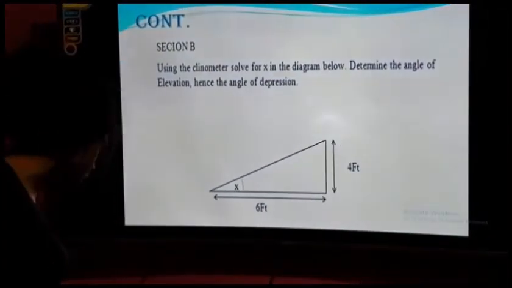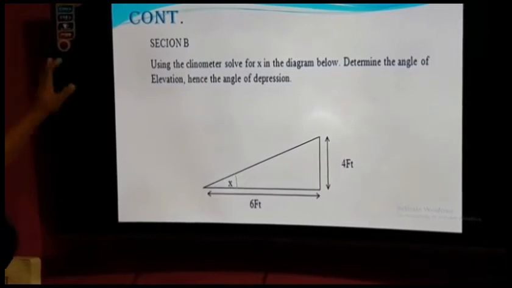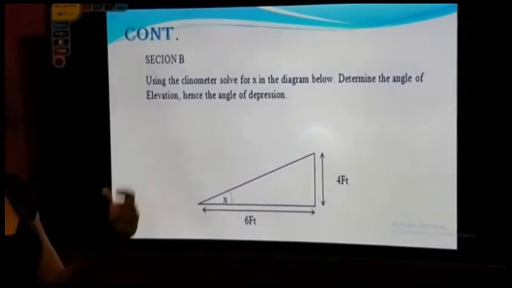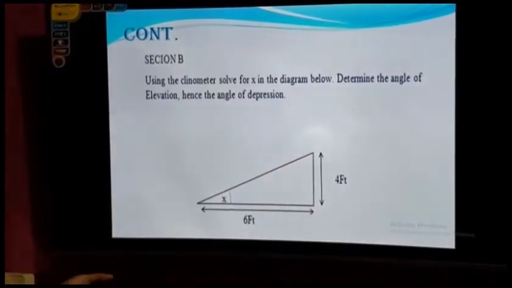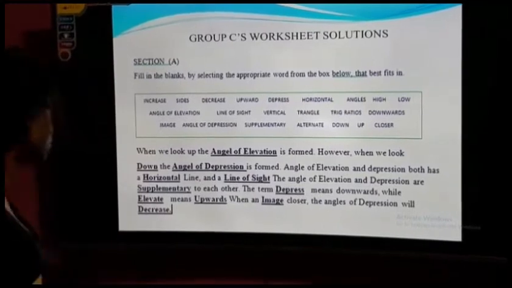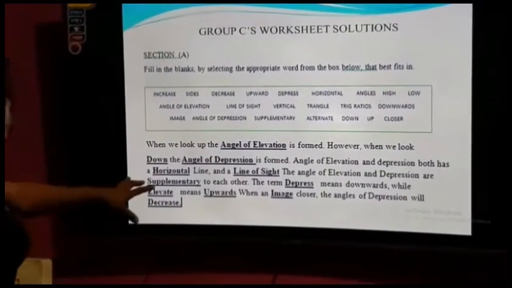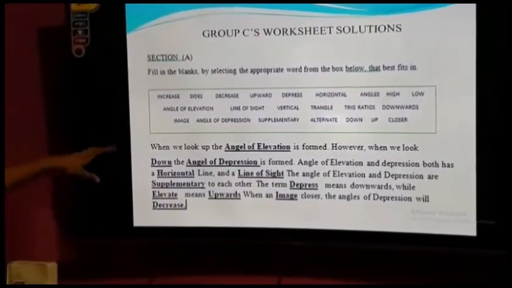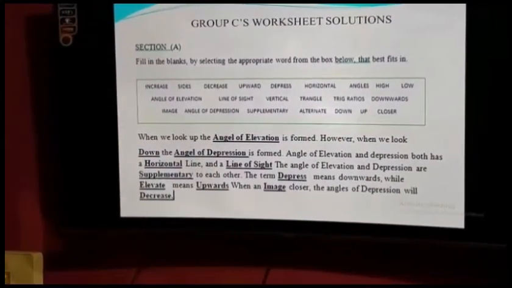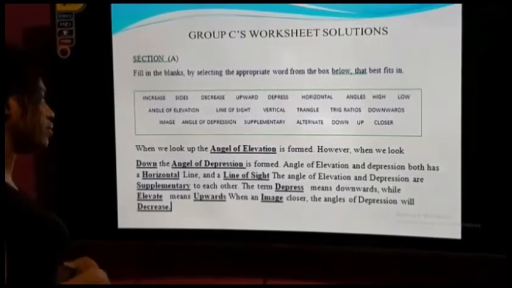Then we have Section B now, in which they are to use a clinometer to find the angle of elevation, hence determine the angle of depression. So let's see what Group C got for Section A. So they say when we look up, the angle of elevation is formed. However, when we look down, the angle of depression is formed.